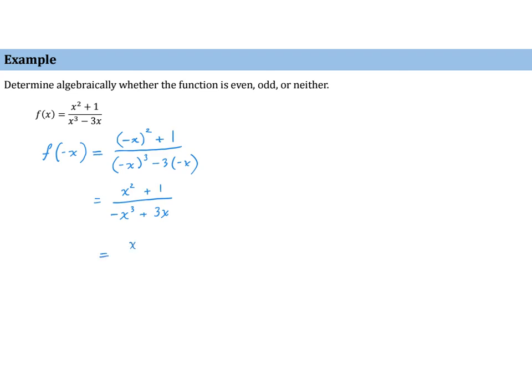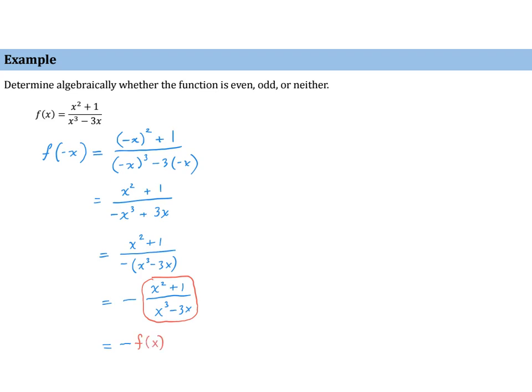Let's factor out a negative from the denominator. Now, that negative in the denominator can come in front. But now, what we have is negative, and then this part of our expression is nothing more than the original function.